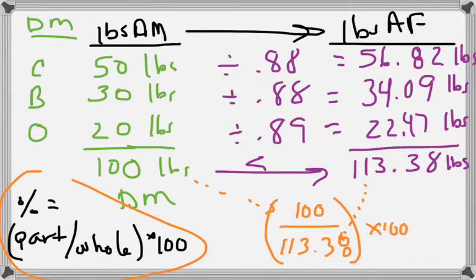And when we do that, we come up with 88.20% dry matter, which makes sense considering all three feed ingredients were either 88 or 89% dry matter. So we know now that our mix of corn, barley, and oats is 88.20% dry matter.